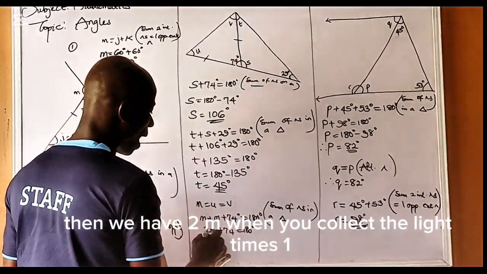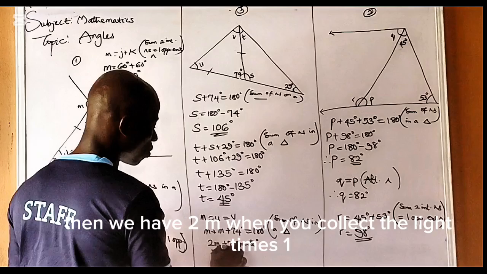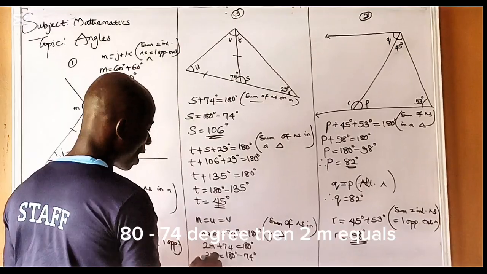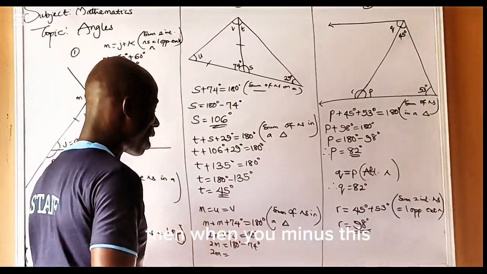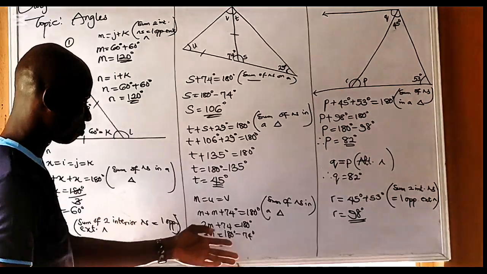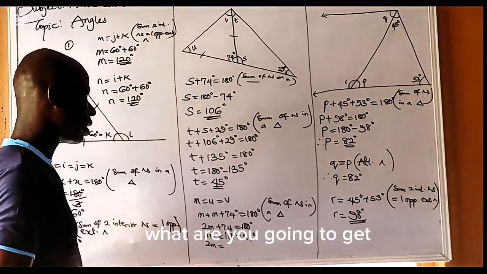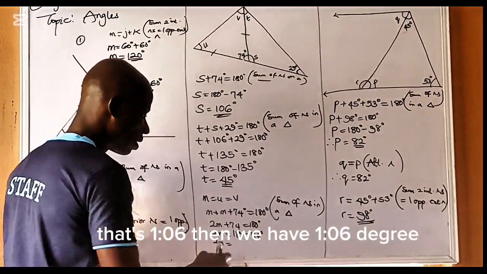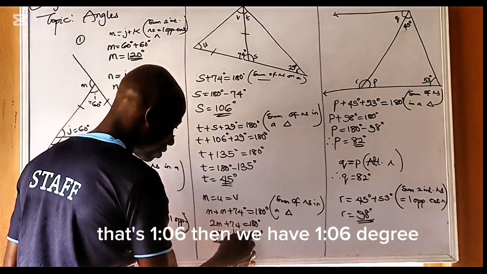Then we have 2m. When you collect like terms, 180 minus 74 degrees. Then 2m equals, when you minus this, what are you going to get? You are going to get 106 degrees.